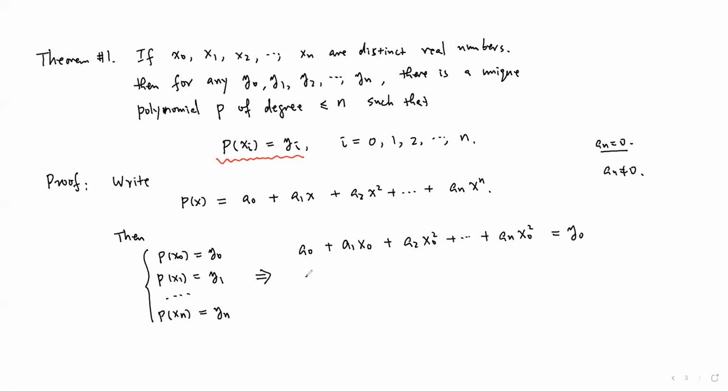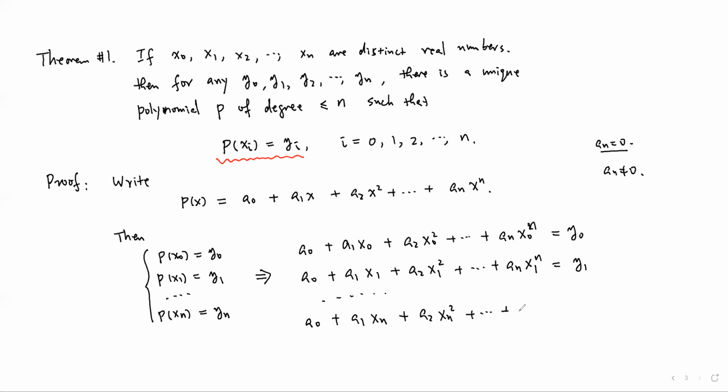Second equation: a0 plus a1 x1 plus a2 x1 squared, up to an x1 to the power n, equals y1. The last equation is a0 plus a1 xn plus a2 xn squared, up to an xn to the n, equals yn.